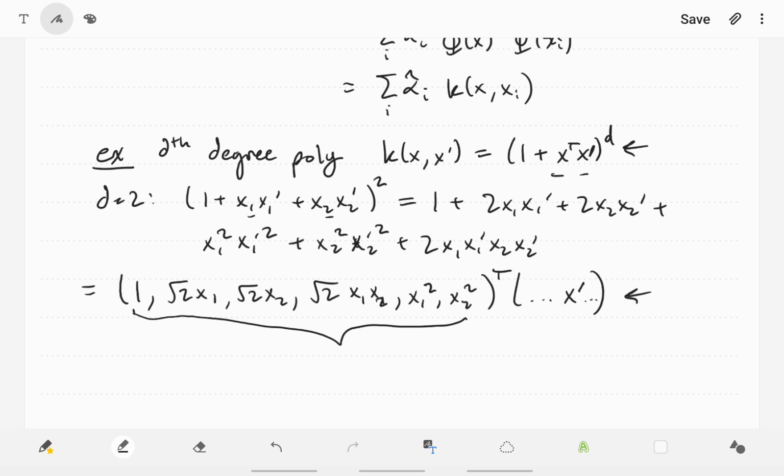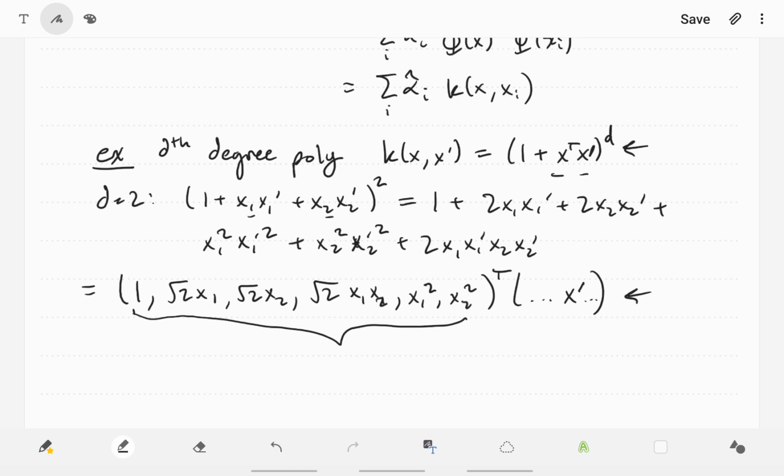But you can imagine if we increase the degree of this polynomial, or the number of dimensions, then capital D, the size of the high-dimensional embedding space, is going to get very large very quickly.